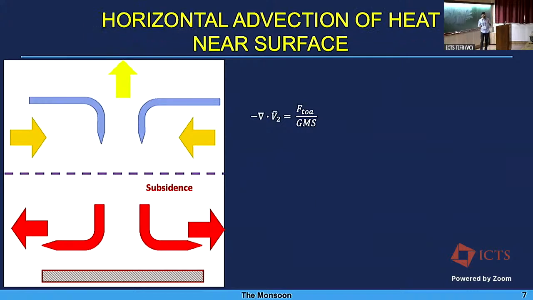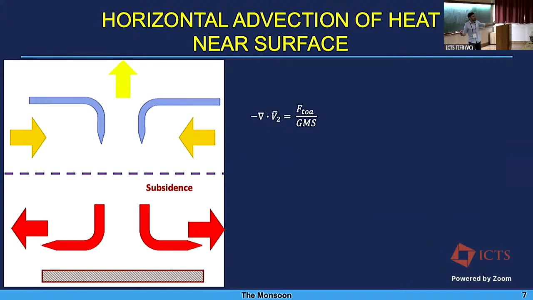But the main reason why this did not progress during Charney's time was that he did not consider the horizontal advection terms, which have been shown to be very important, especially near the surface in deserts. We can get away with ignoring the horizontal advection terms in convecting regions. We can take the WTG approximation. We can also assume that moisture gradients are not so strong, and we can get away with it in convecting regions.